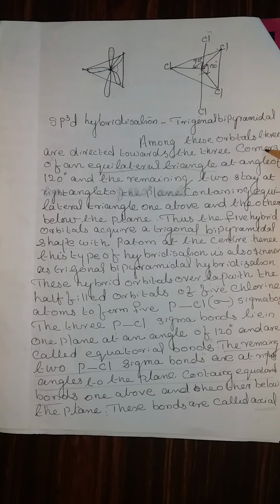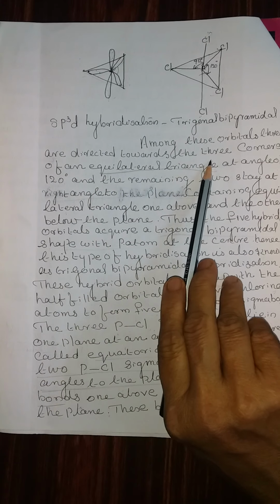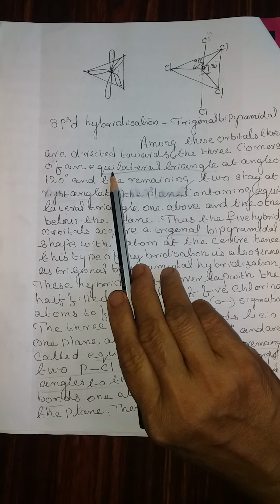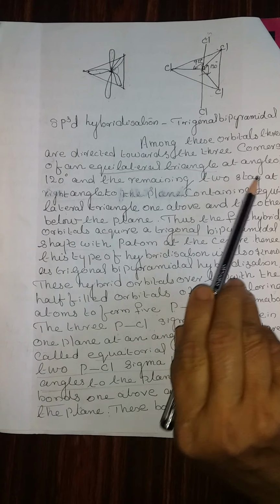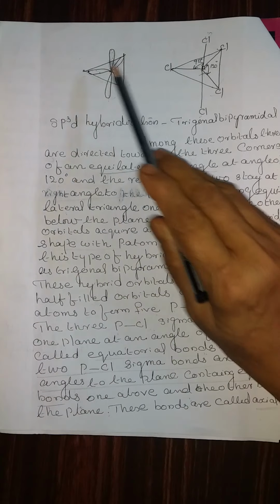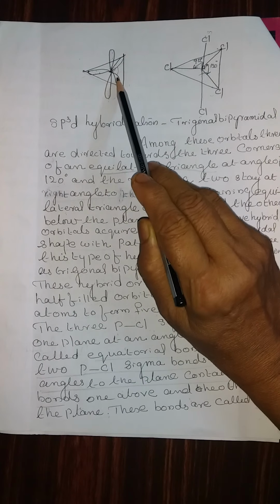Therefore, let us see the description. Among these orbitals, 3 are directed towards the 3 corners of an equilateral triangle at an angle of 120 degrees. That is the one I said, 1, 2, 3.